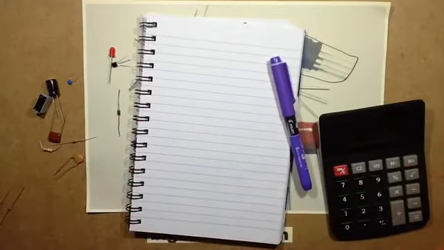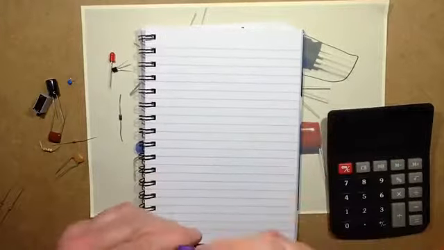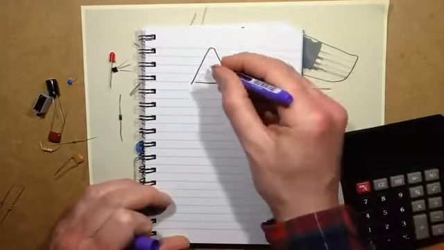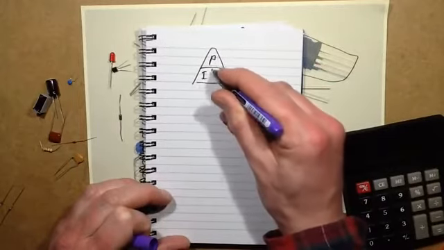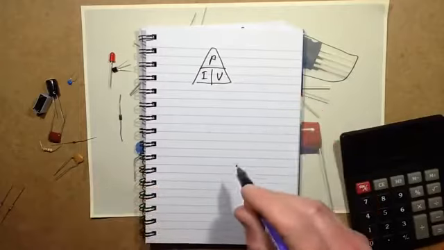How do you work that out? That's where another formula comes in. Very simple. Triangle again. P, power, equals current times voltage.